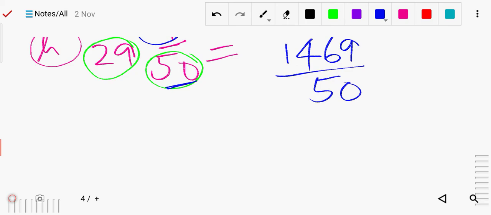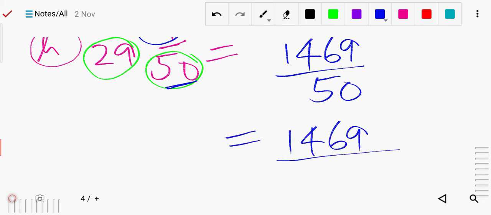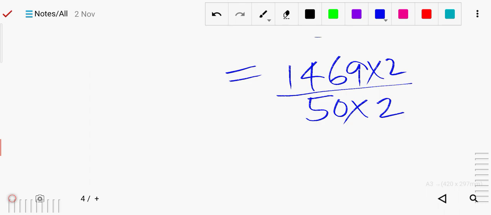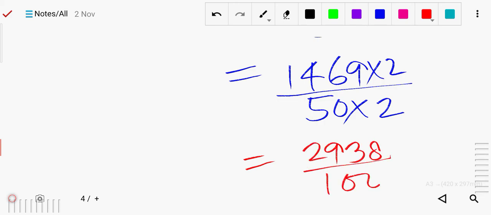Now try to make this denominator a multiple of 10. So 50 you can multiply to get 100, so how many times? 2 times. So multiply by 2. When you multiply 1469 by 2, it will be 2938, and here will be 100.